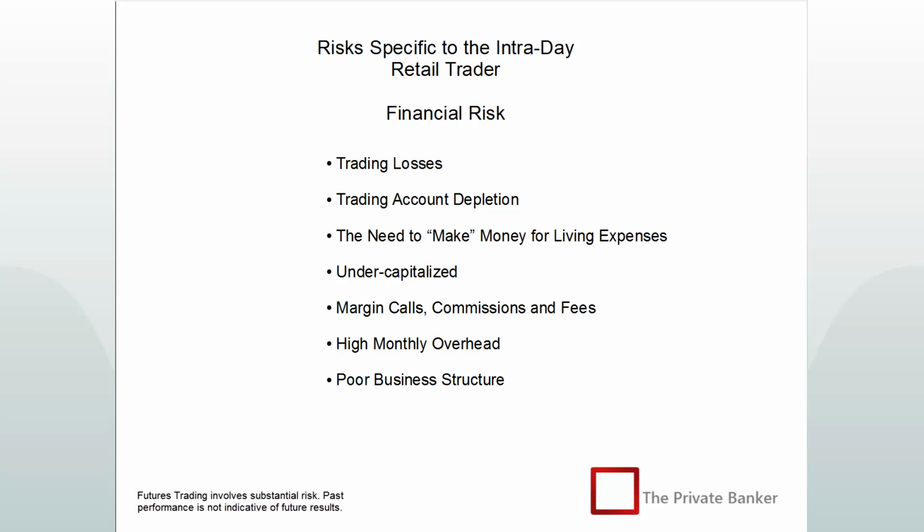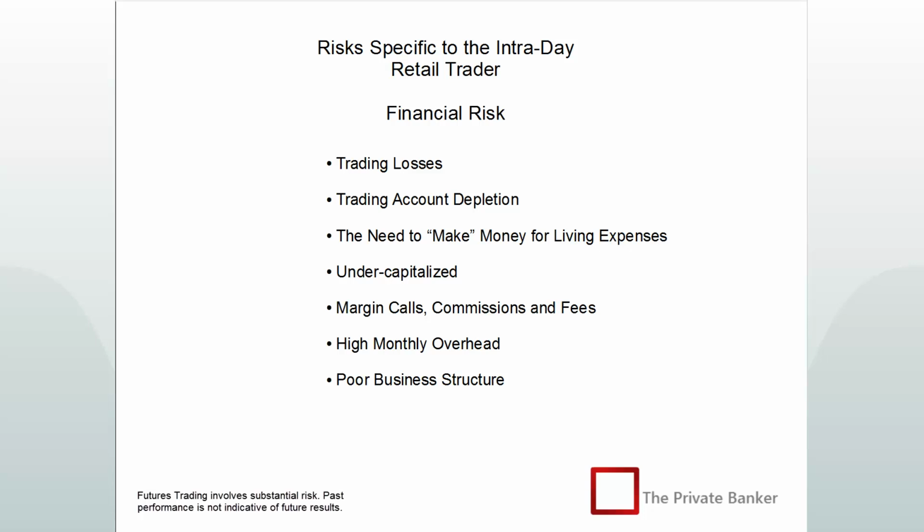So having a high monthly overhead and a poor business structure, and what I mean by poor business structure is, I guess, more in the way of taxes, and I won't go into that too much here. It's not the right place, and as I said, I just don't provide tax advice or anything like that.